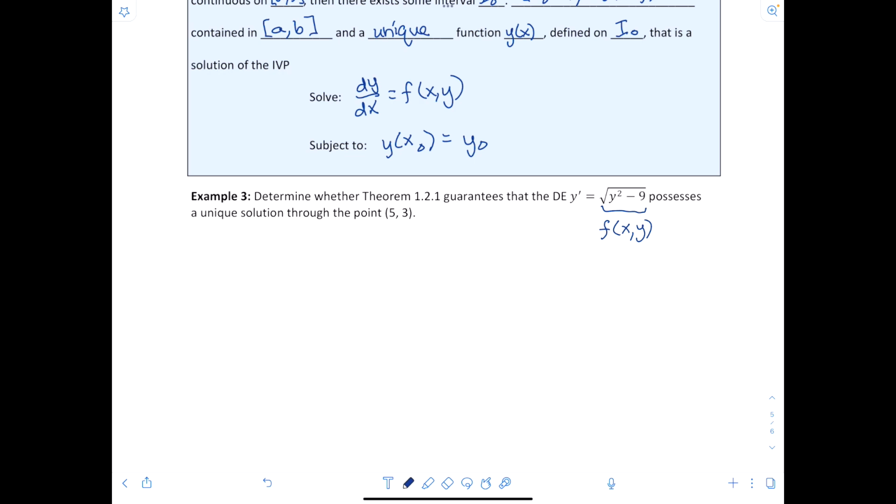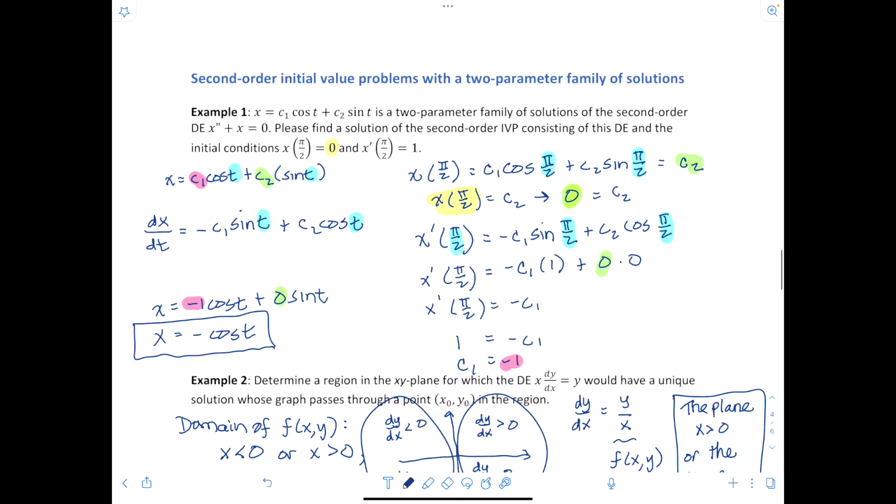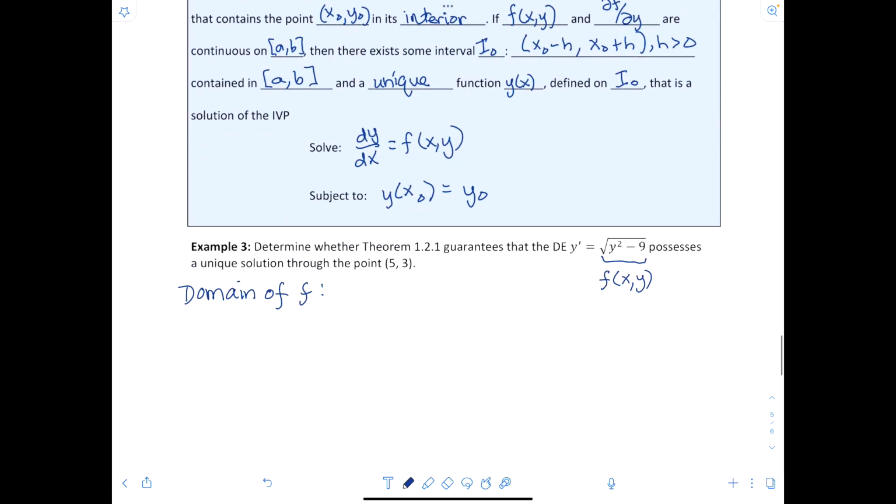So think about continuity of f of x and y. X can take on any value, right? So if we look at the domain of f, which is f of x and y.